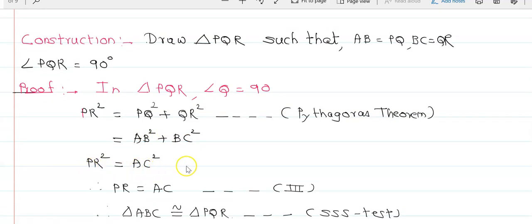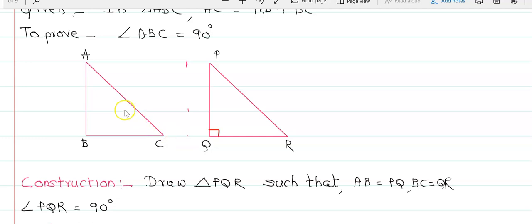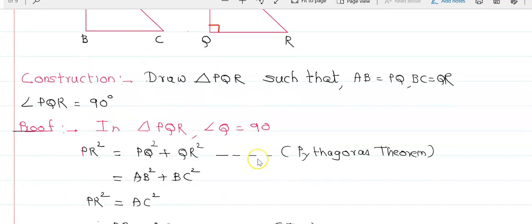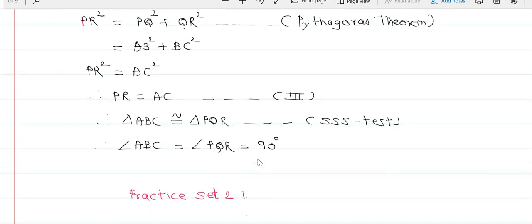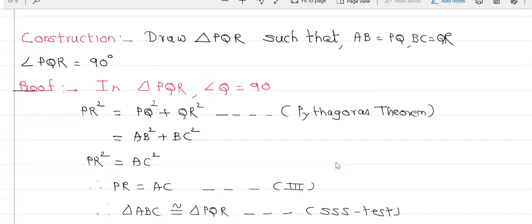Therefore, PR square is equal to AC square. Therefore, PR is equal to AC. And therefore, all three sides of ABC are congruent to the three sides of PQR. And therefore, these two triangles are congruent by the SSS test. As these two triangles are congruent, their corresponding sides and angles are congruent.